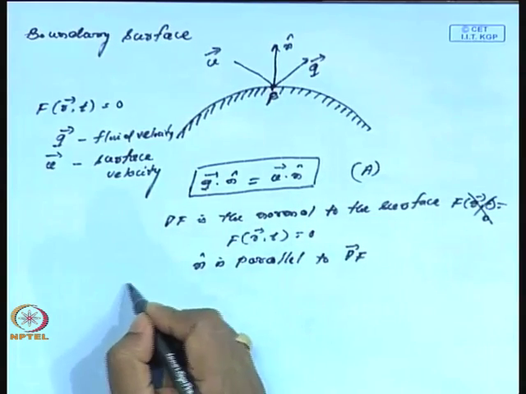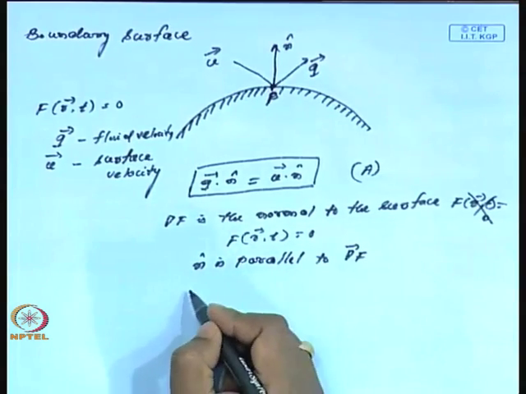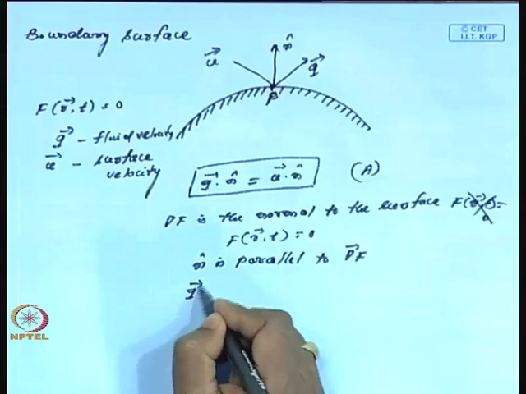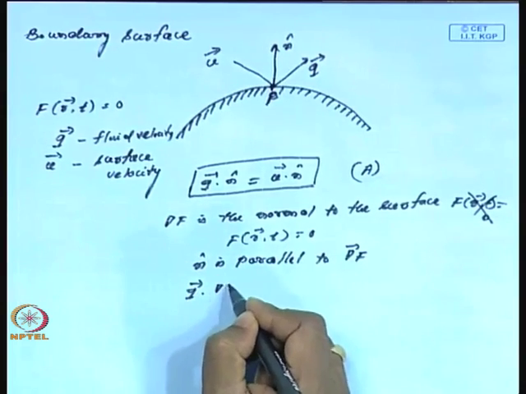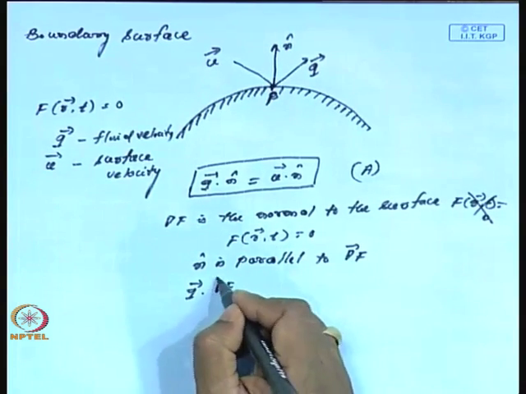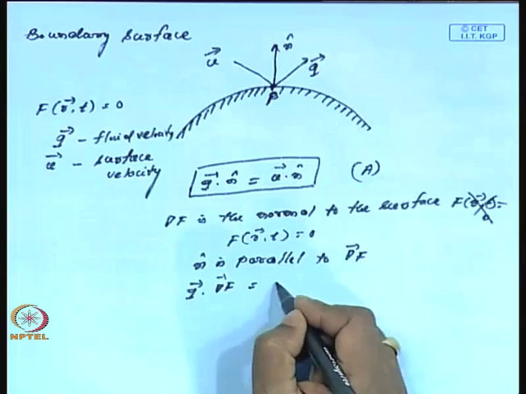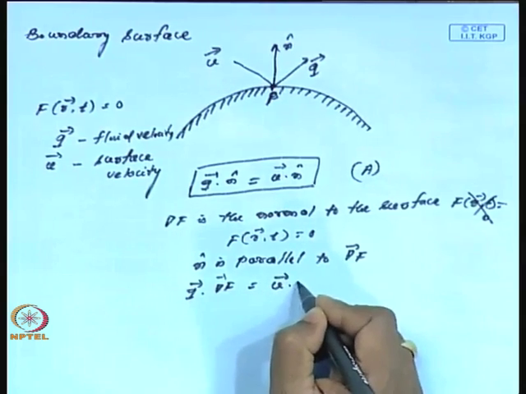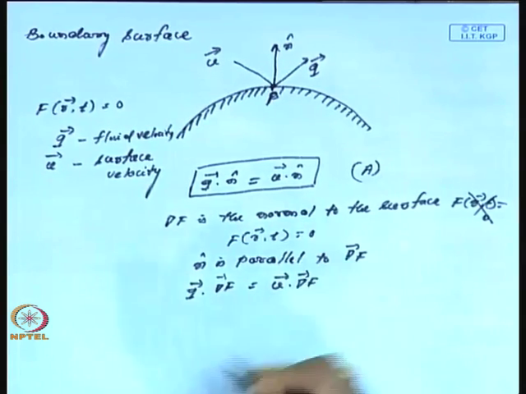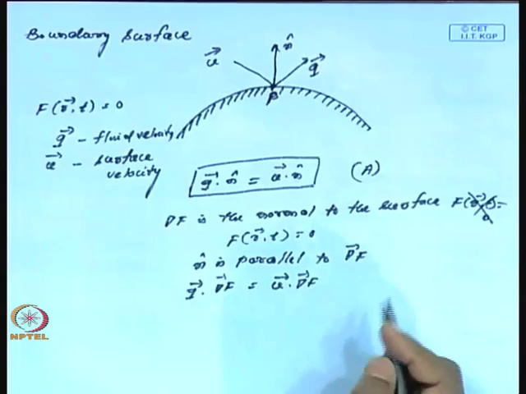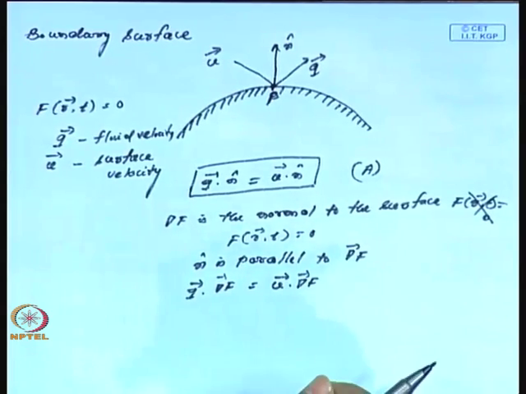Because of this, from A we can always say that we have q bar dot grad f is the same as u bar dot grad f. So, these two have to be the same.